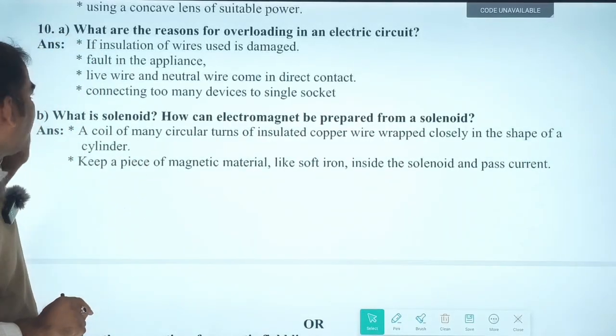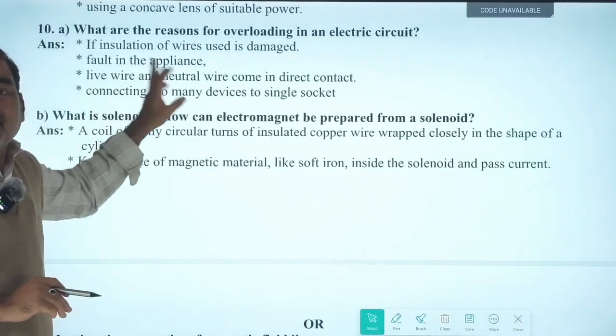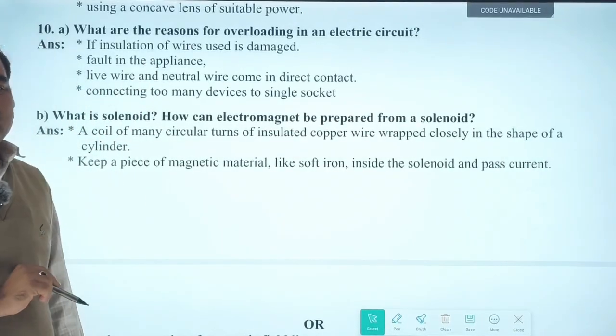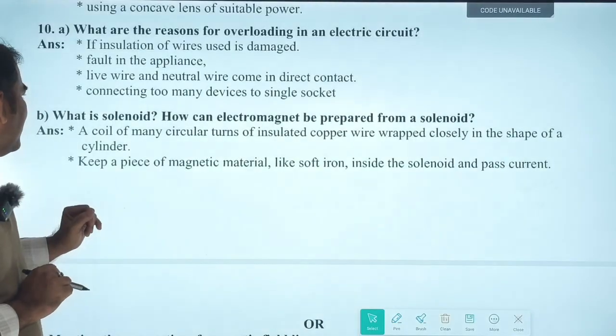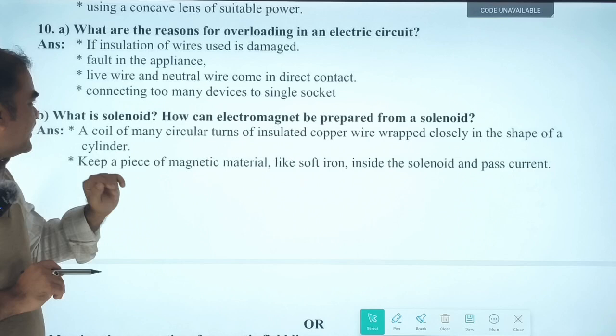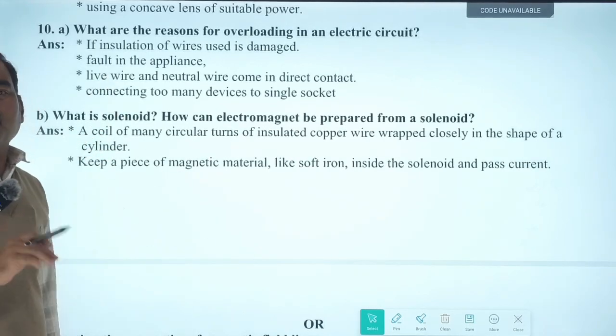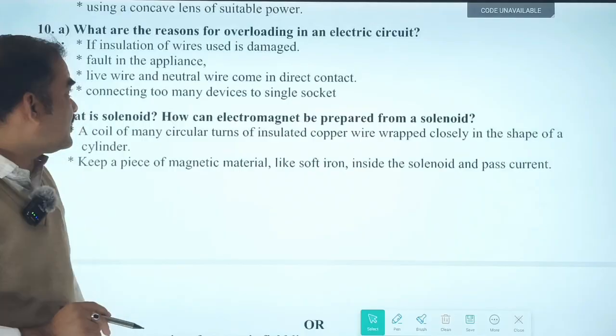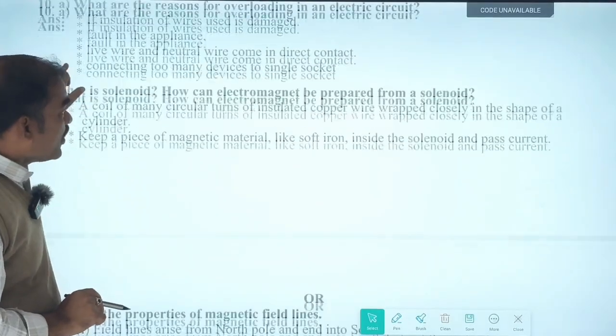Second, a fault in appliances: if any fault is there in home appliances, the live wire and neutral wire come in contact. Third, connecting too many appliances to one socket is a reason for overloading.